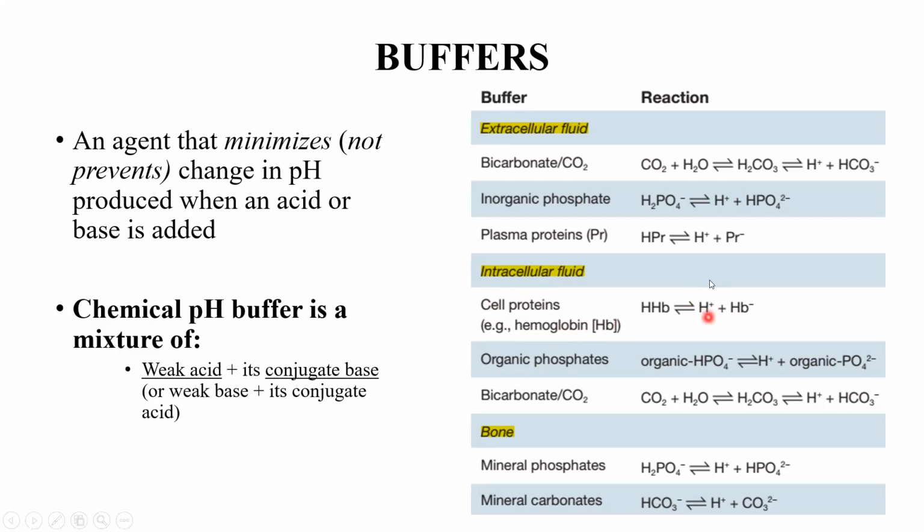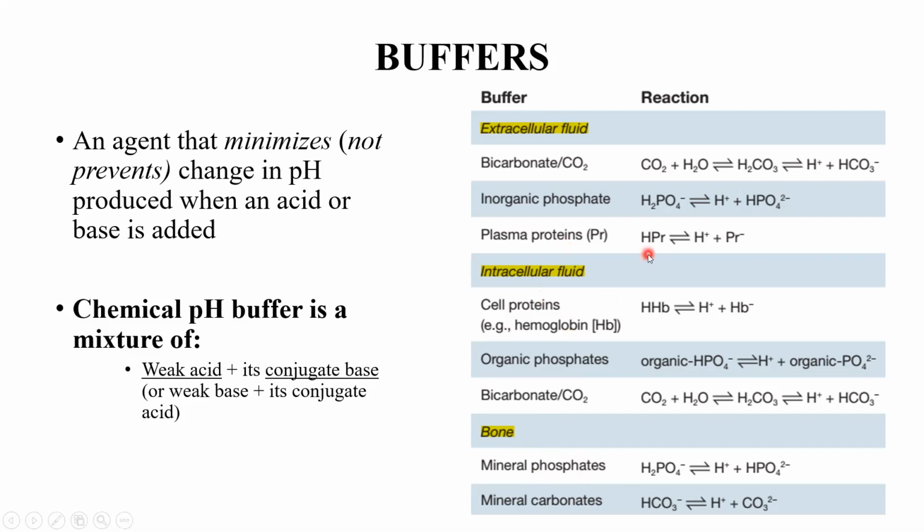Here you see hydrogen being buffered by hemoglobin. Then you have organic phosphates, where again hydrogen is being buffered. Then you have the same carbon dioxide bicarbonate system, which is also present in the intracellular fluids. And in bones, you have phosphates and carbonates doing the job.